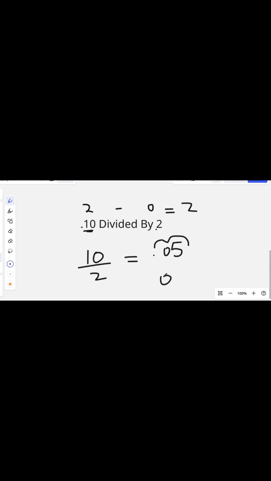So 0.1 or 0.10 divided by 2 is 0.05. Not so bad, pretty easy stuff. We've been taught in a very complicated way in school.